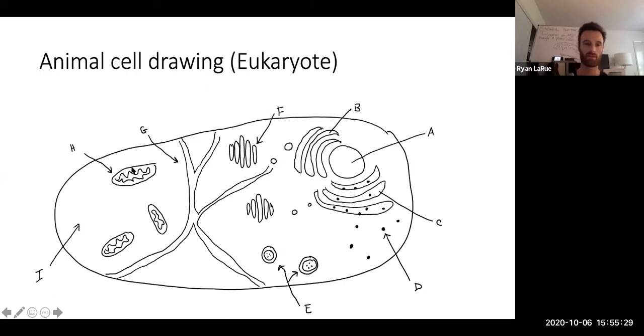Yeah, there's our mitochondria, double membrane, bean shape, cool. How about A? What's A? Yeah, that's the nucleus, absolutely. How about D?